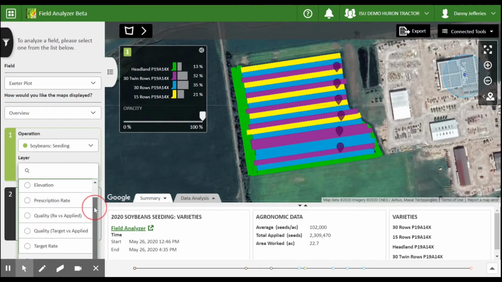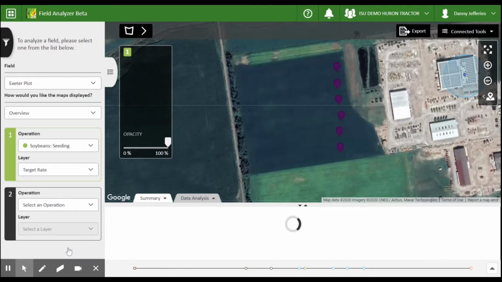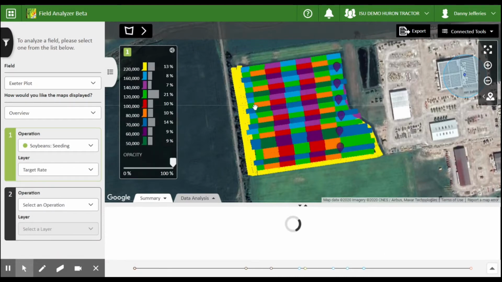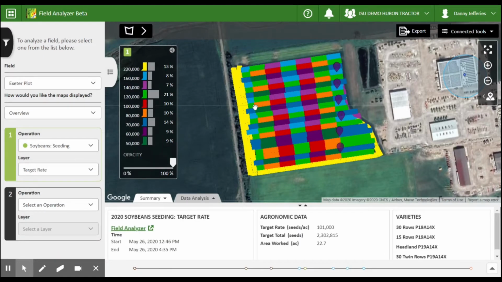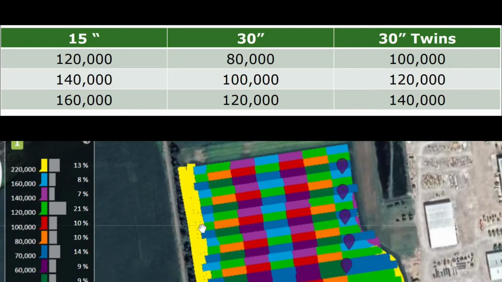In addition to the different row spacings, we also had different target rates for those different row spacings. So on the 30-inch rows, we had anywhere from, in orange here, 80,000, 100,000, as well as 120,000 seeds per acre. On our twin rows, because we planted it twice, it's only identifying half of the population here.